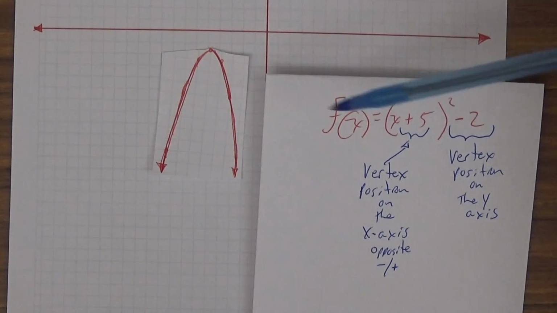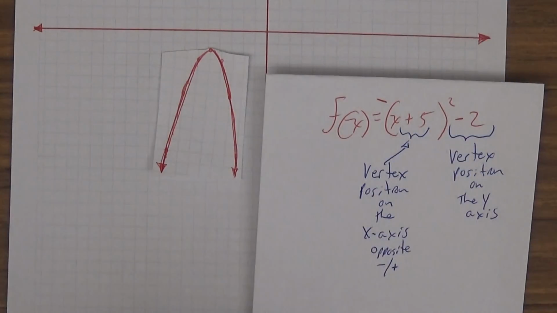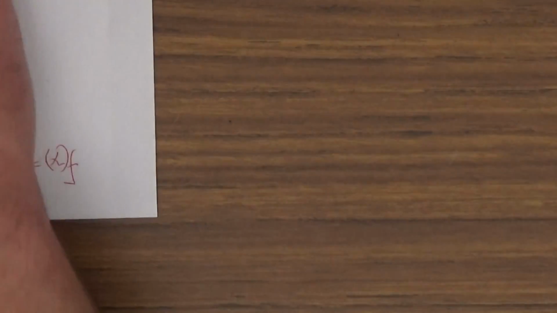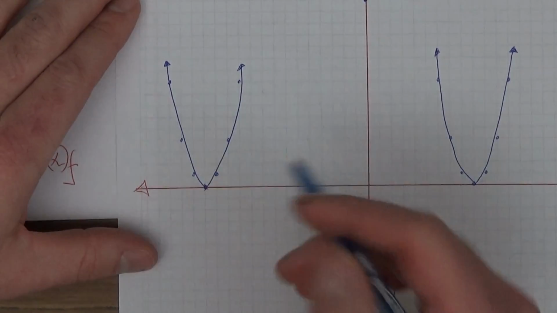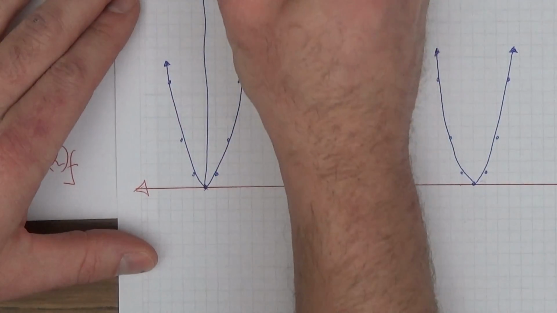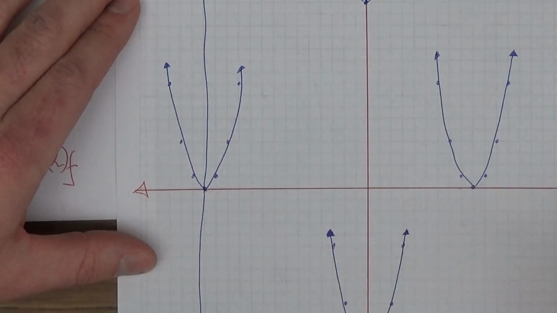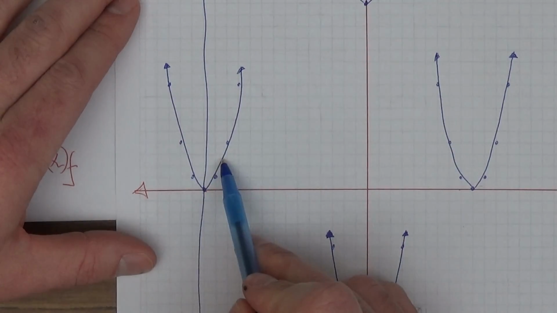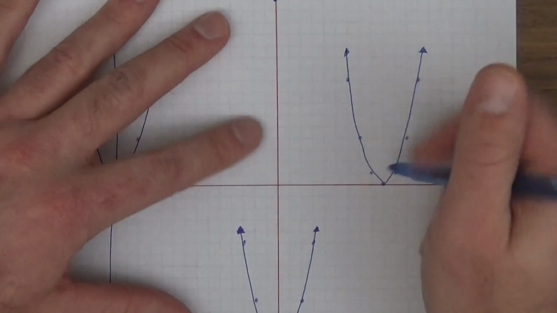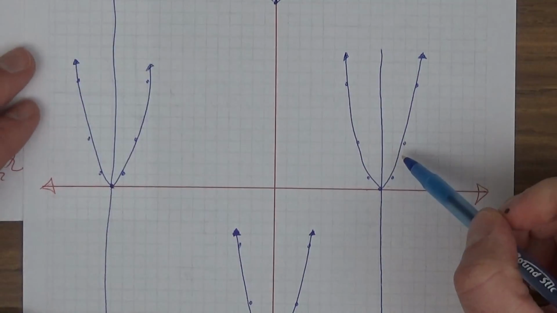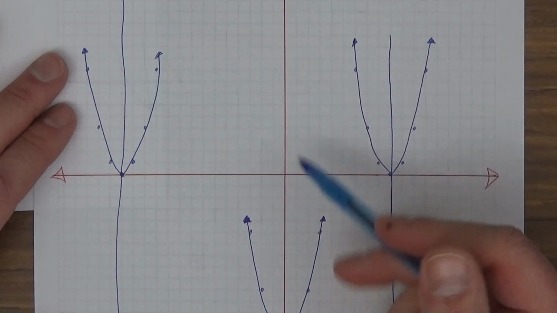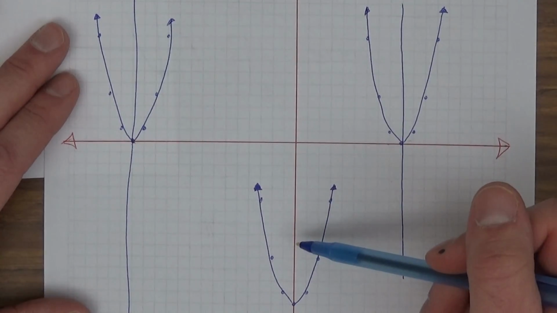Once you know the vertex, I can take that vertex and I know exactly where the line of symmetry is, or axis of symmetry. This half is exactly the same as this half. This one has the line of symmetry perfectly right in the center. This one has it on the y-axis.